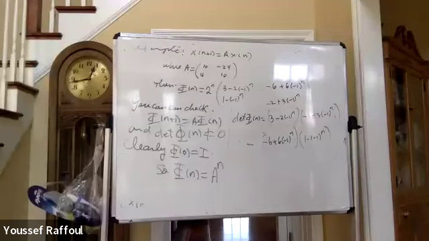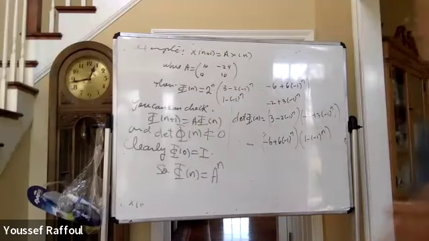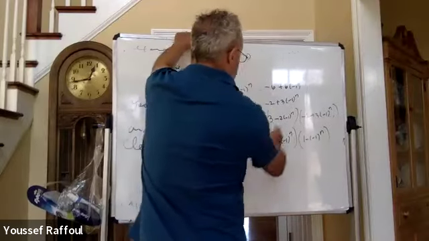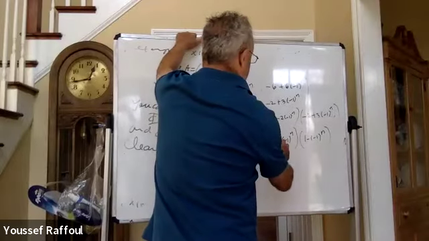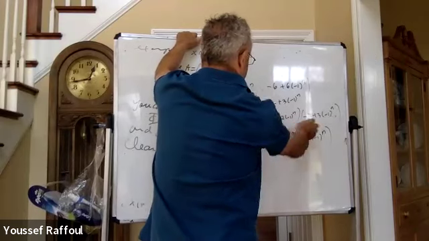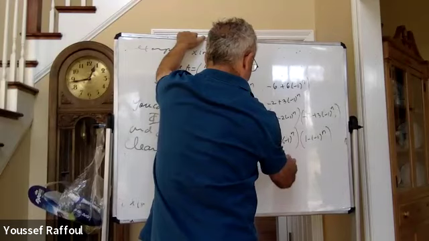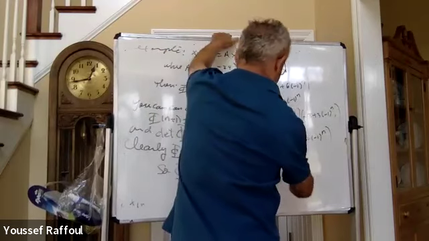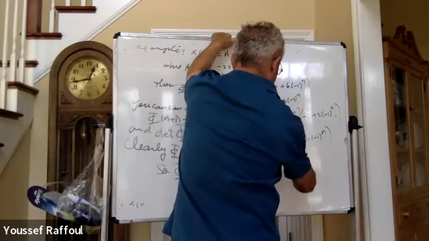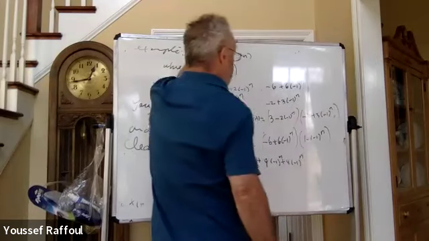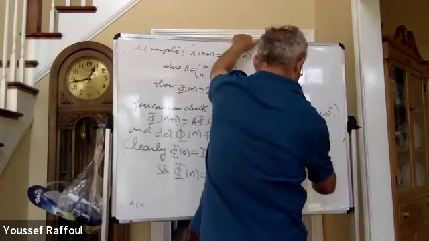Okay? So if you simplify this, this will be minus 6 plus 9 times minus 1 to the n plus 4 times minus 1 to the n minus 6.